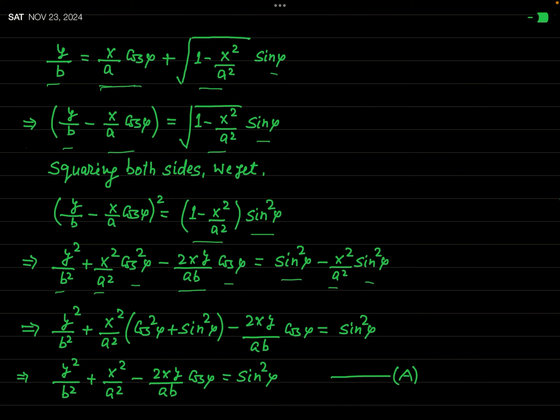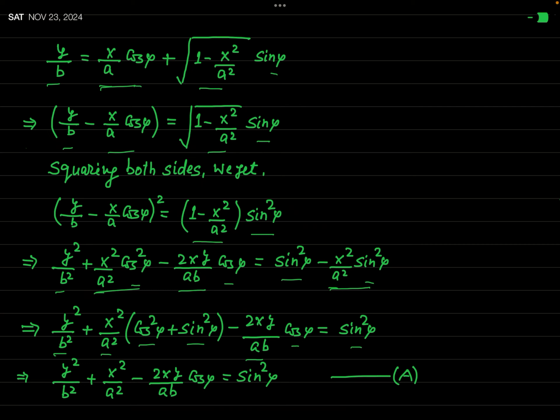Now let us bring the term containing sine square phi to the LHS and associate it with the term x square over a square cos square phi. So our result becomes y square over b square plus x square over a square times (cos square phi plus sine square phi) minus 2xy over ab times cos phi equals sine square phi.